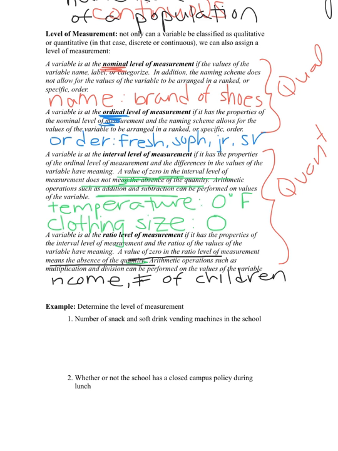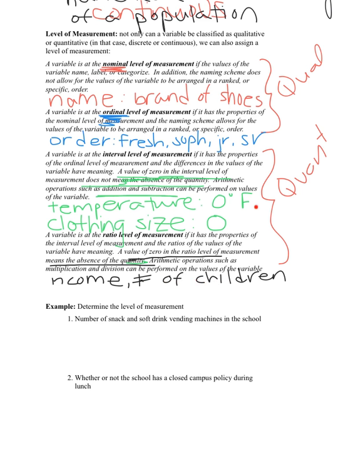Et cetera. In this case, we can do multiplication and division. We could say something like, I make twice as much money as you, or I have 3 times the amount of children as you. Notice with temperature that doesn't really work.